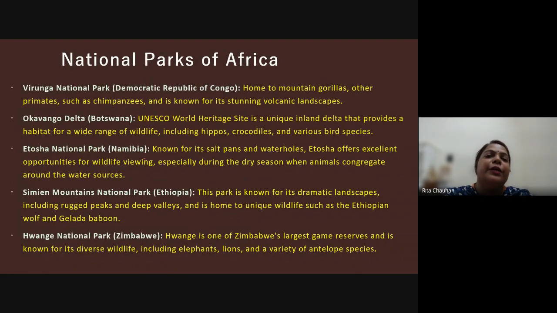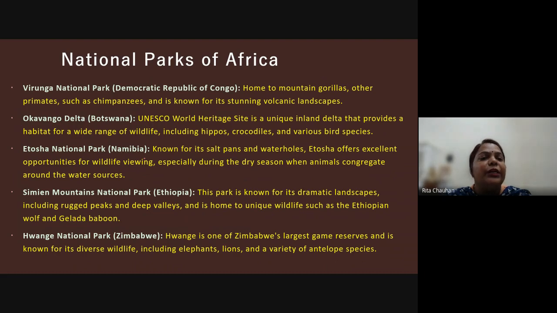Then we have Virunga National Park in Congo, and it is known for the gorillas and chimpanzees, and is also known for the volcanic landscapes. Then Okavango Delta, which is again in Botswana. This is a UNESCO World Heritage Site, and is known for the hippos, crocodiles, and various bird species.